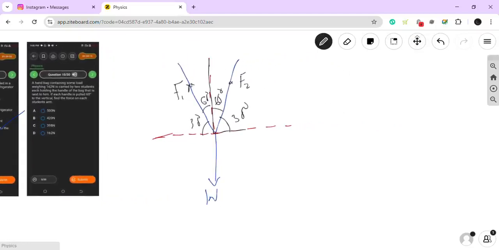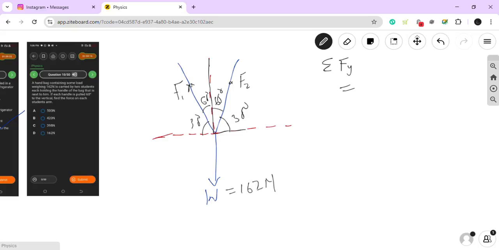So what you have to do here is make use of the vertical component. Don't forget, I used to say summation Fy equals upward forces minus downward forces. The upward forces here are F1 and F2. The downward force is just W, which is 162 Newton.